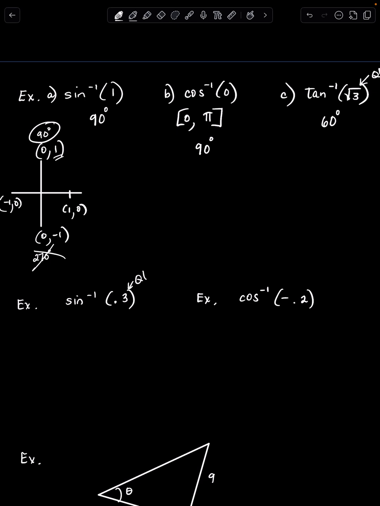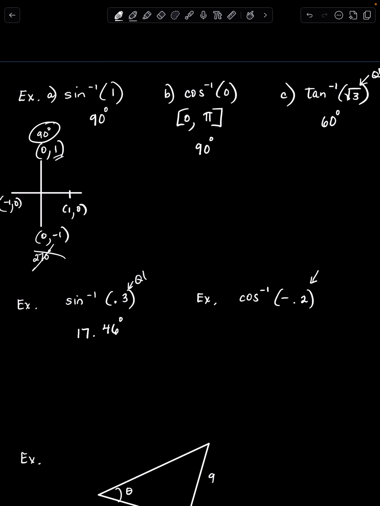So you push second, your inverse sine, and then 0.3, and then close your parentheses. Make sure you're in degree mode, and then you can just round to whatever it says to round to. I'm going to round 2 decimal places here, so this would be 17.46 degrees.